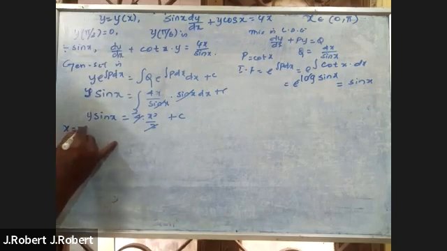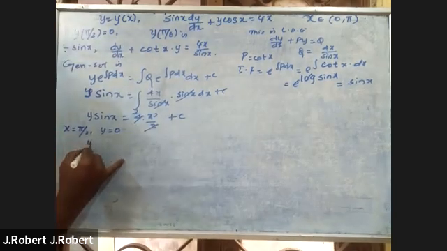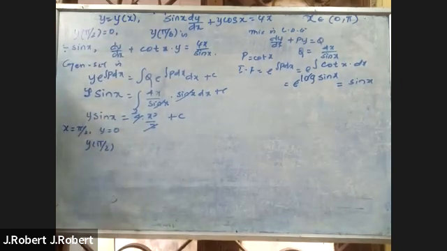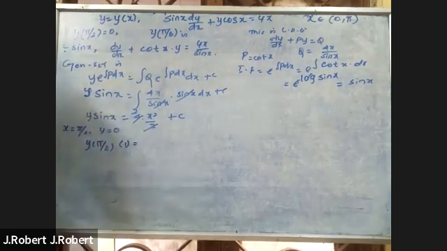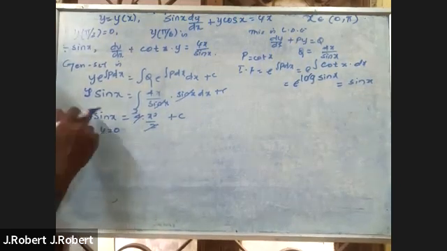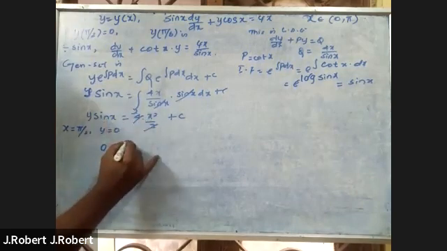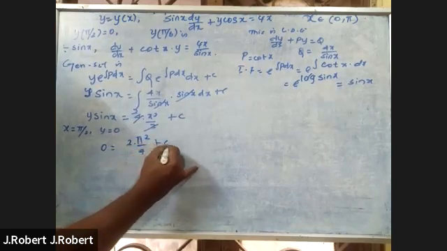When x is equal to pi by 2, y is equal to 0, so y into sin pi by 2, where sin pi by 2 is 1. Correct? Since y's value is 0, the whole left part becomes 0. Putting x equal to pi by 2: 2 into pi square by 4 plus c.